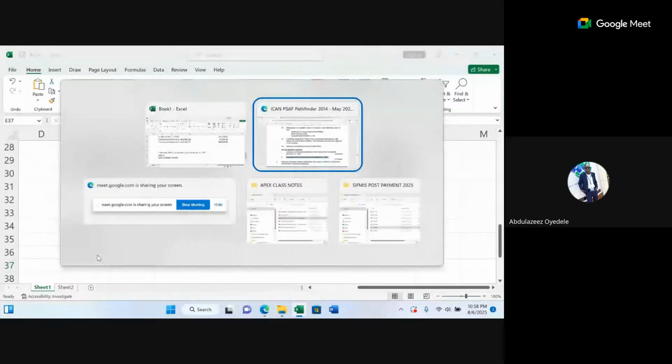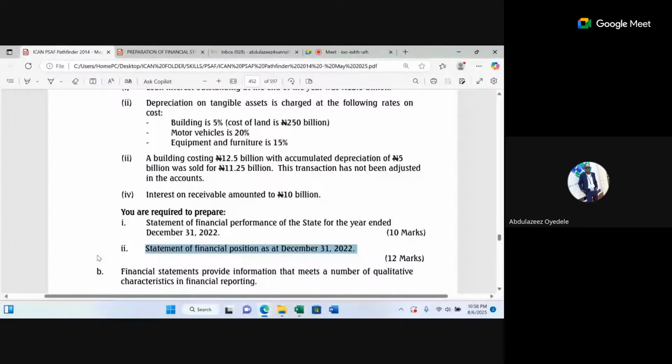So what we need for the statement of financial position is to know their costs, subtract their accumulated depreciation, and then we have their carrying amount, just the way we always have it.